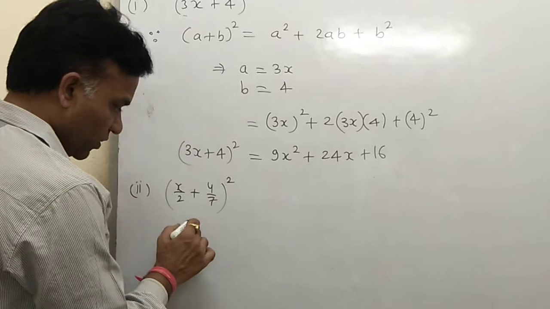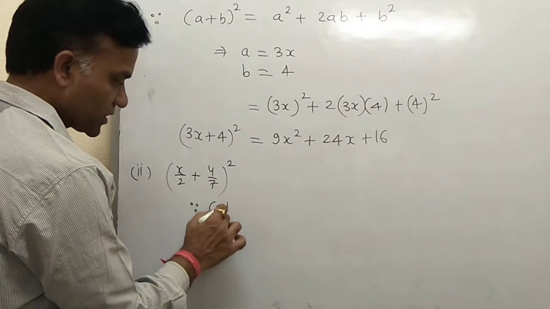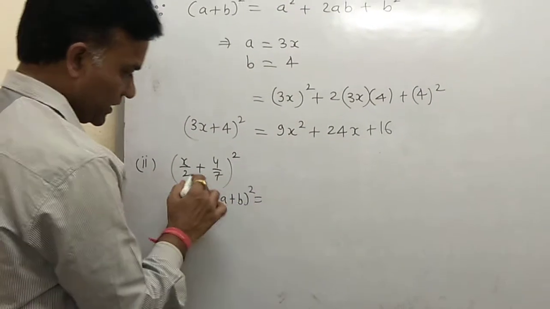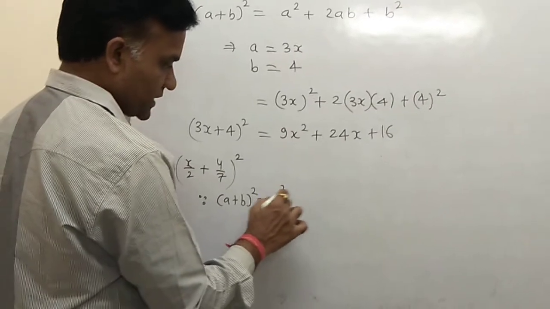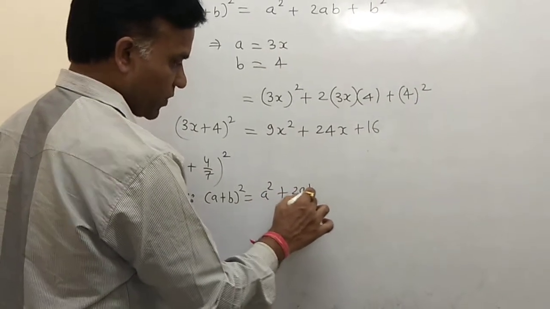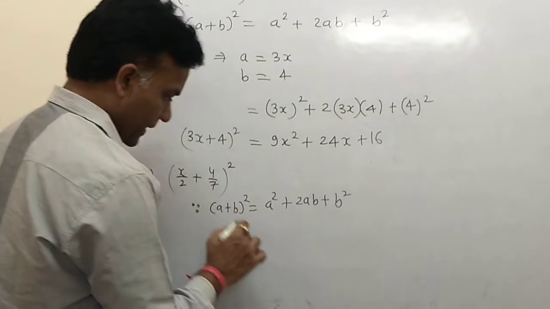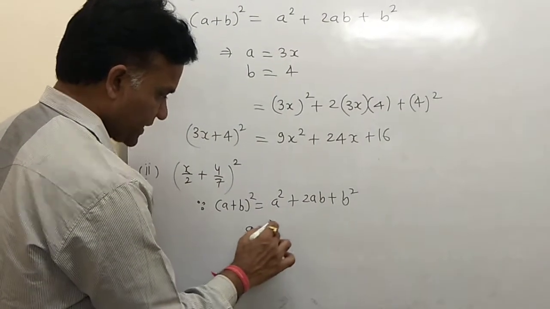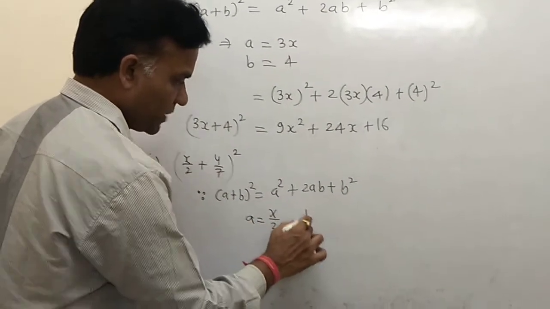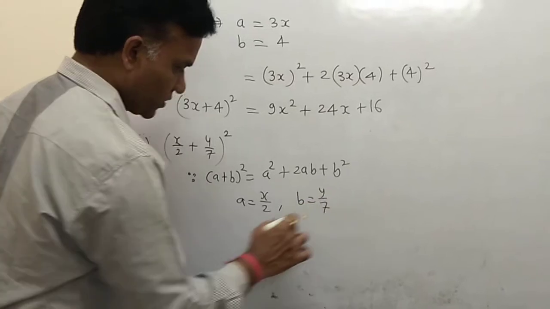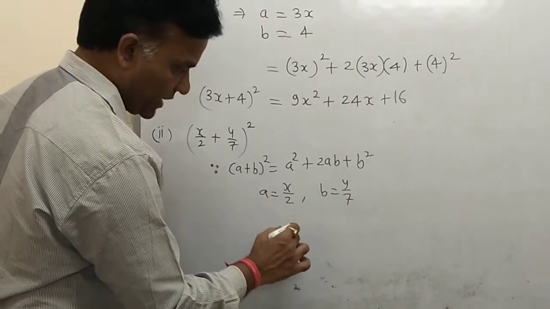Again we know the identity (a + b) whole square, because it is the plus identity in the given format: a square plus 2ab plus b square. On comparison we find a equals x/2 and b equals y/7. So replace these in place of a and b.